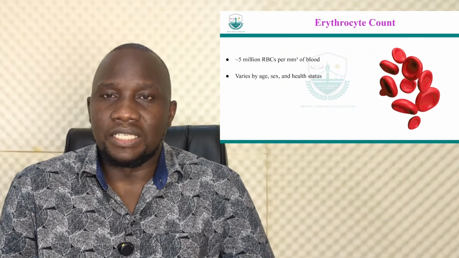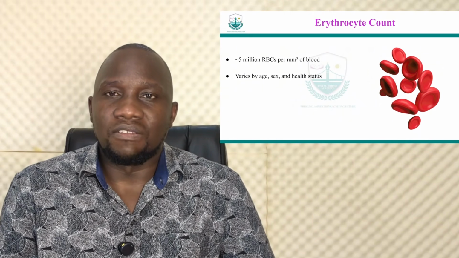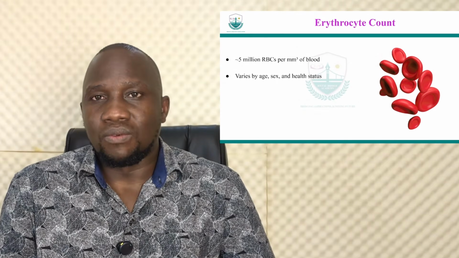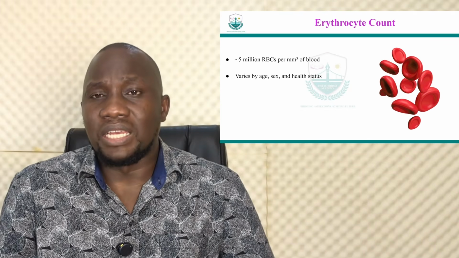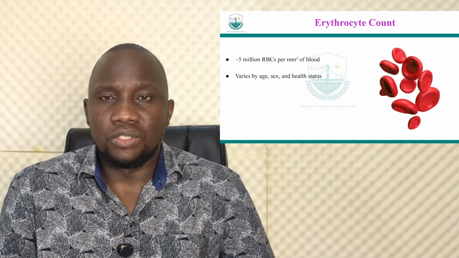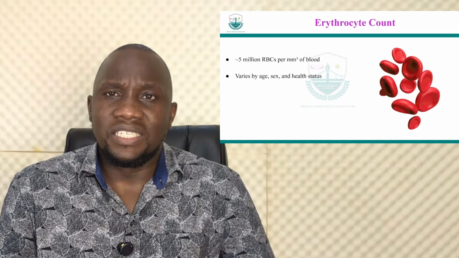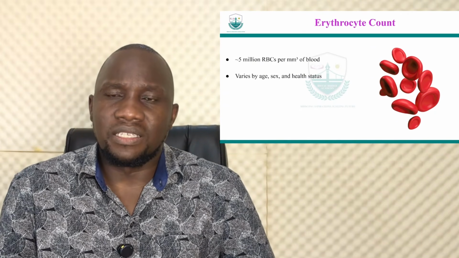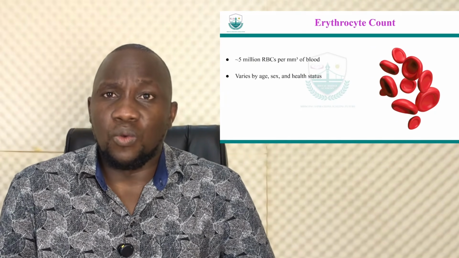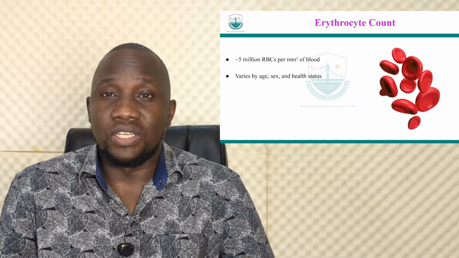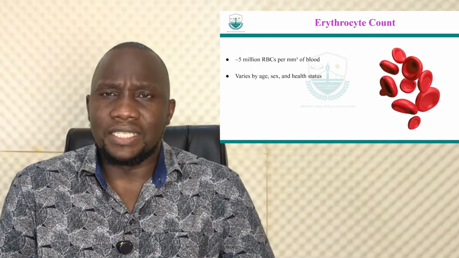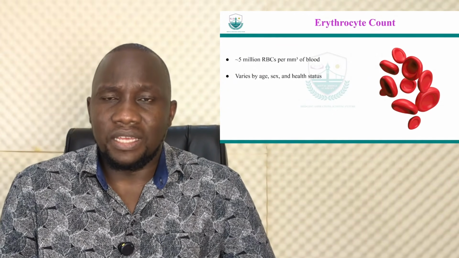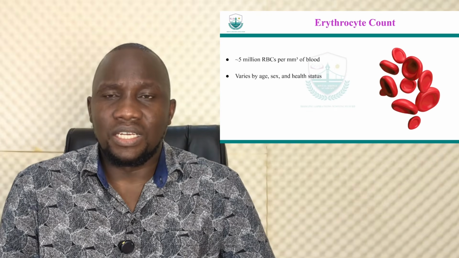If you get a disease that affects your red blood cells, you'll have low red blood cells, and that also relates to, for example, if you're eating well, if you are exercising, and also depending on where you stay. Do you stay in high altitude areas or in low altitude areas, and things like that?